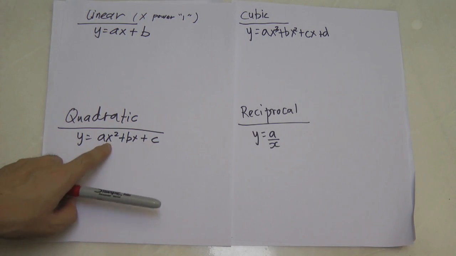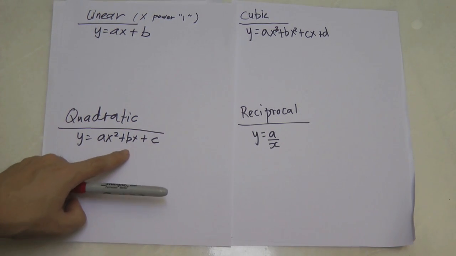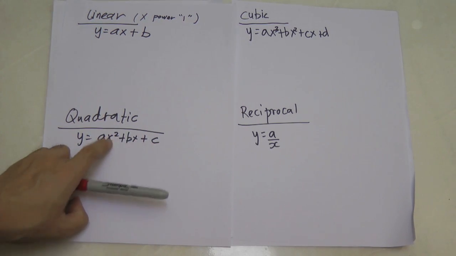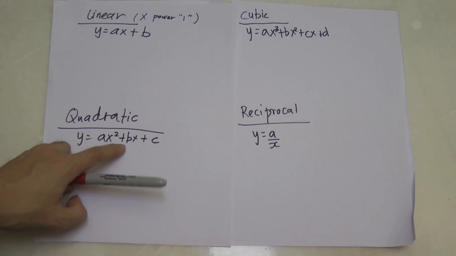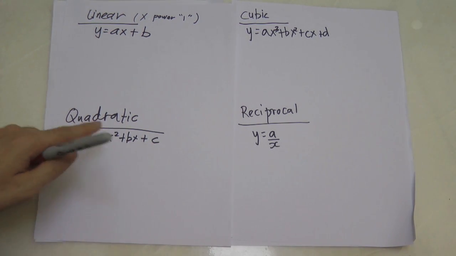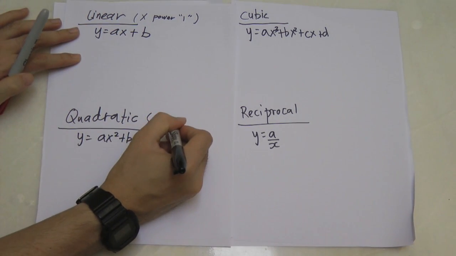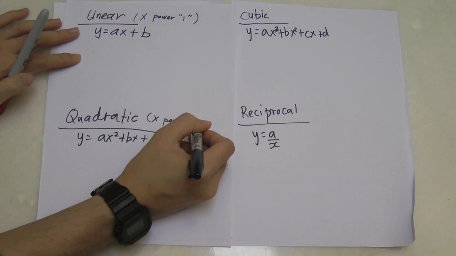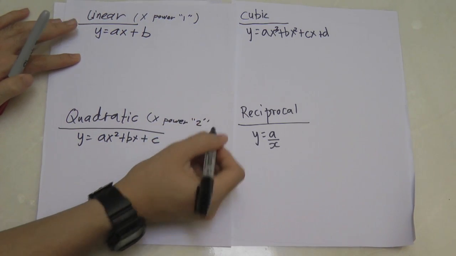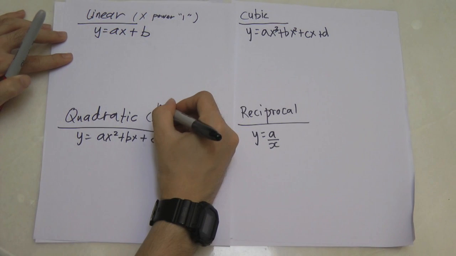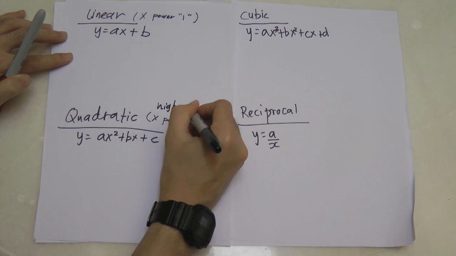Both terms also have x, but the highest power is 2, because this is x power 1 only, and this is x power 2. If you have a higher one, we always take the higher one. So for the quadratic graph, the highest power of x should be 2.